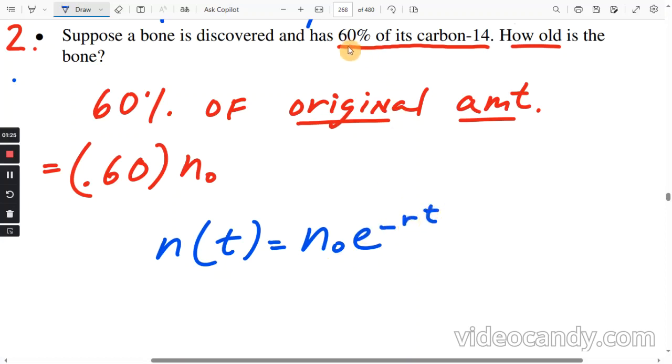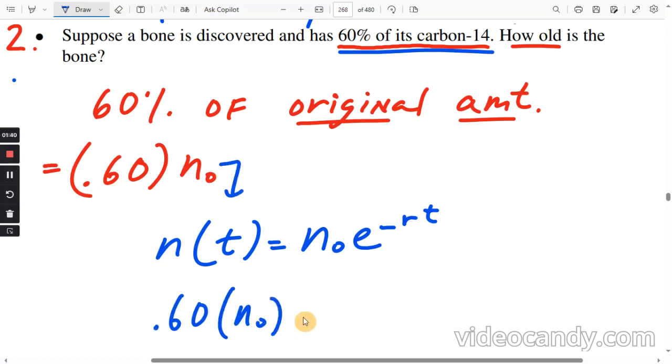We are left with 60% of the original amount, so n of t is going to be 0.60 times n sub 0, and that equals n sub 0 times e to the negative r.